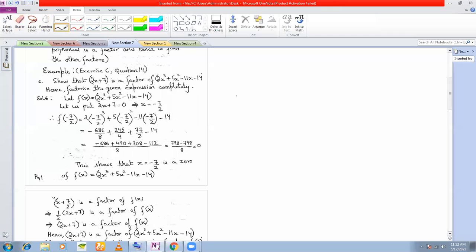So let us start this problem. The question here is show that 2x plus 7 is a factor. Okay. So I start by saying let f(x) is equal to 2x cube plus 5x square minus 11x minus 14.